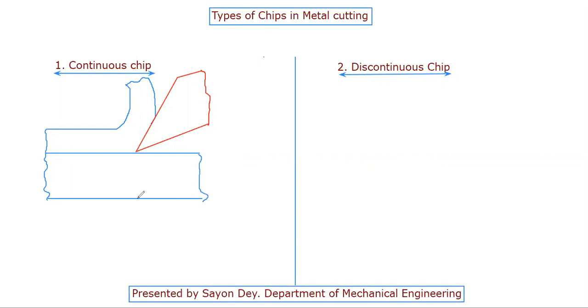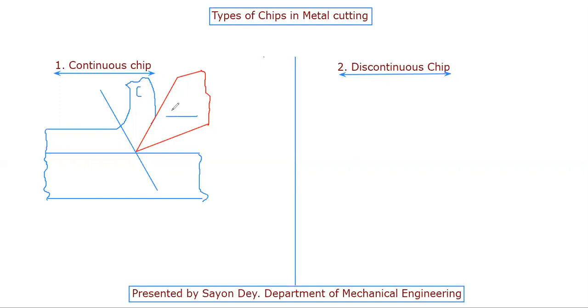So this is the actual picture of a continuous type of chips, and this is the metal cutting operation. Actually, this is the shear plane that I'm trying to show you. Basically, this portion is called chip, and this is called our tool.